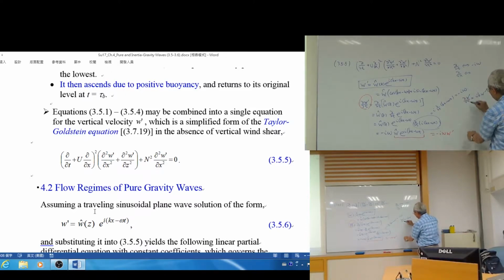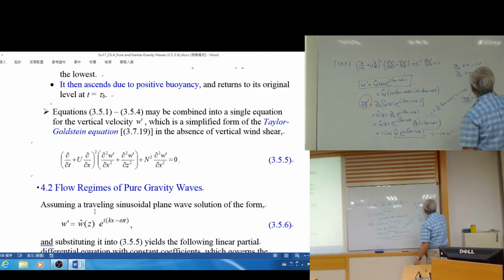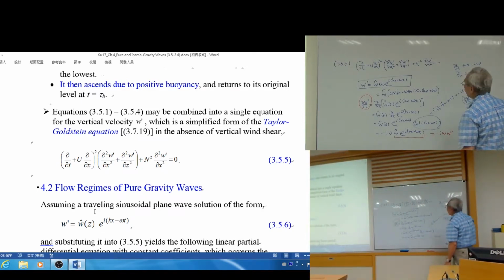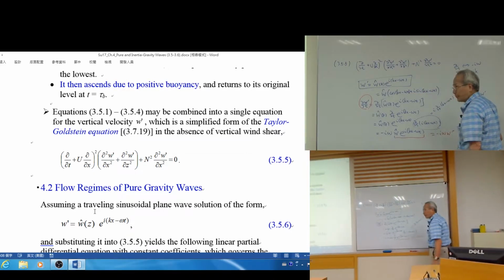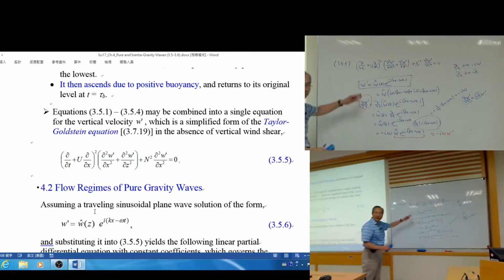You can derive the dispersion relationship very quickly. Everybody got this?